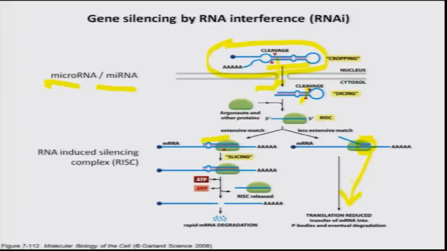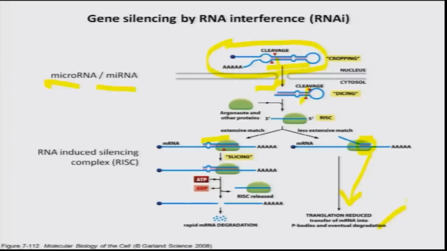The RNA is there, but it is not allowed to translate. The cell gets the message that when this microRNA comes, when they are cleaved and small RNAs are made, and they go and bind, they prevent the translation of the protein. So, you are able to block the translation.